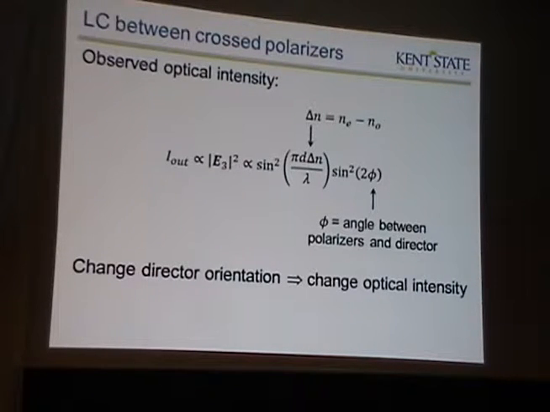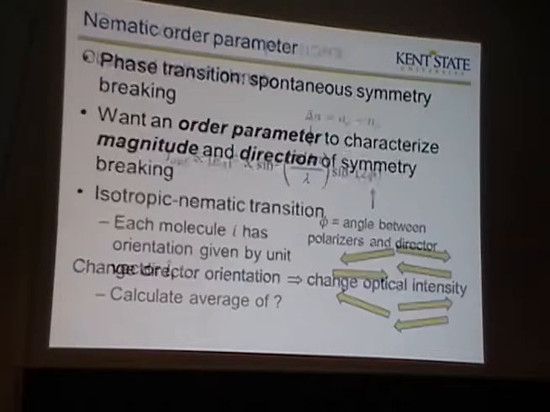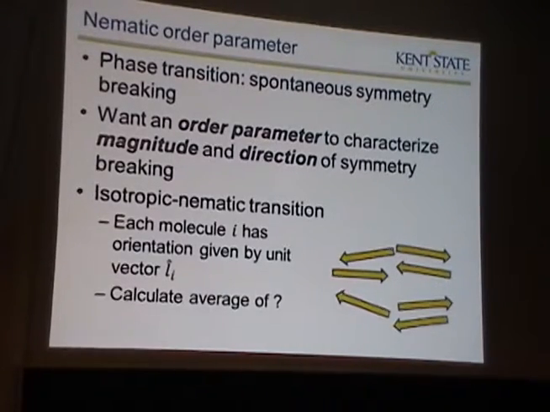So that's why the orientation is important, that the orientation of the liquid crystal will determine how light can pass through the material and give you different optical intensities. Okay, so now, at this point, I want to concentrate on the statistical mechanics.